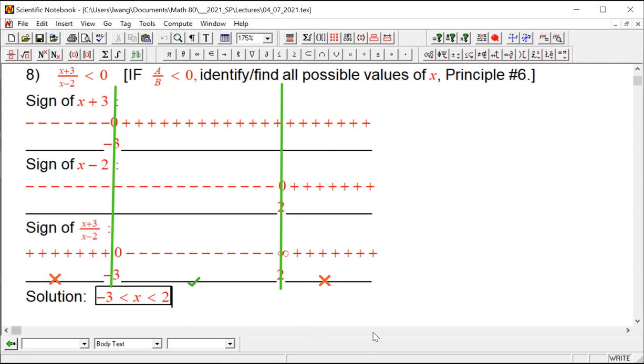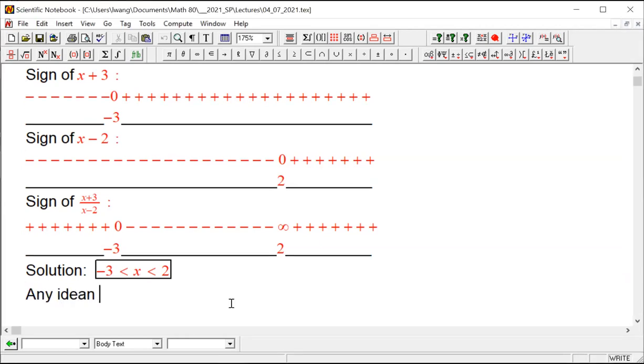Did you guys get the same answer? Do you think you get this method? Does anybody want to propose any different methods?